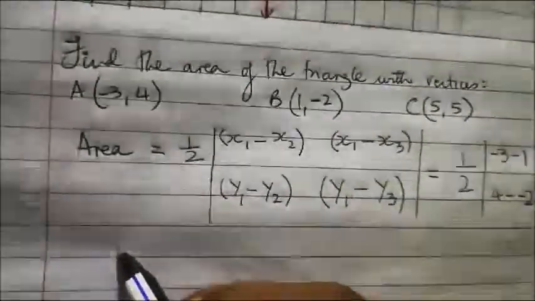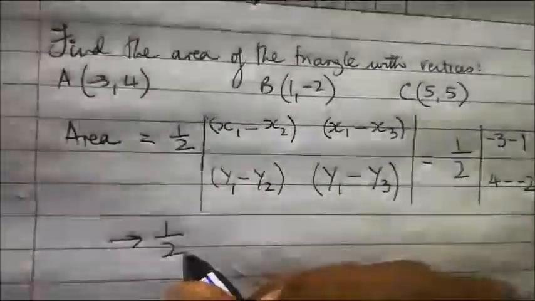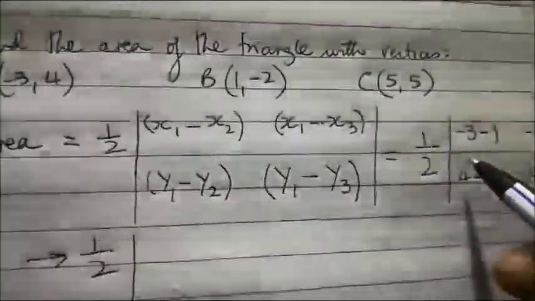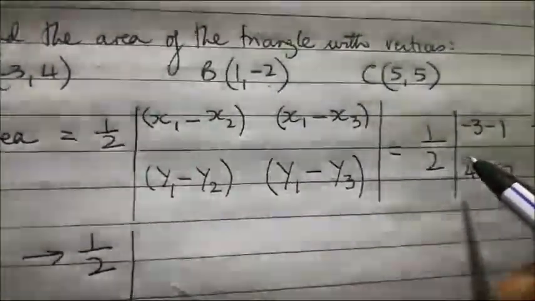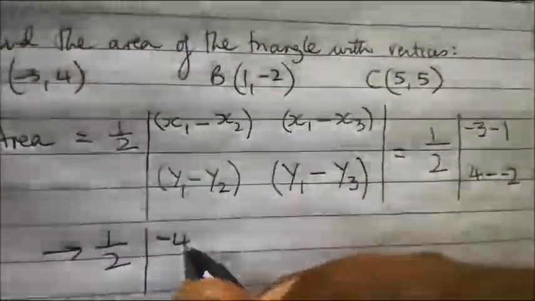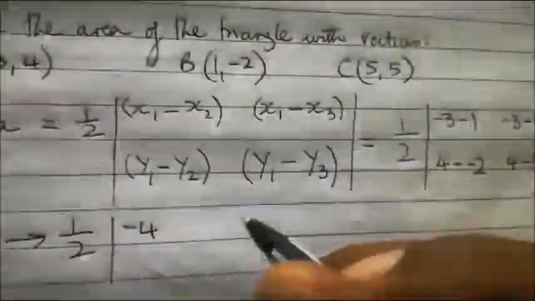We're going to get something looking like this, half of this value. So from there now we're going to get -4: -3 minus 1 is -4, -3 minus 5 is -8.